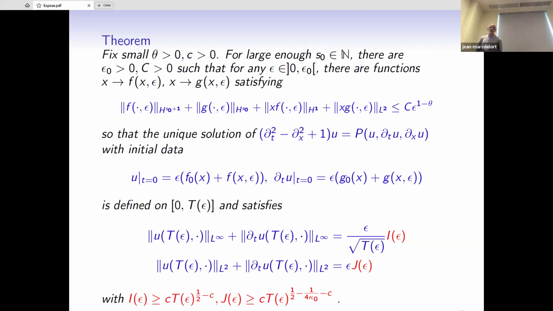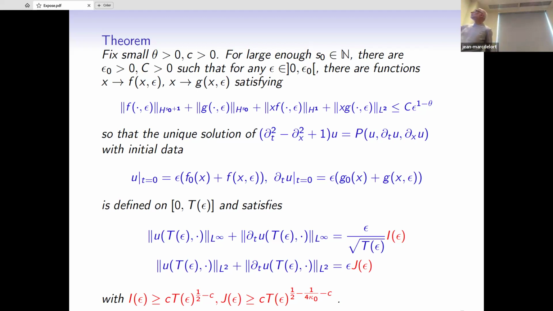So T of epsilon is a time which is exponentially large. And so what we see is that this inflation factor almost cancels out what would decay given by dispersion. And so this is the property which contradicts the fact that, unlike in the case when the null condition is satisfied, we have some dispersive decay of the solution.